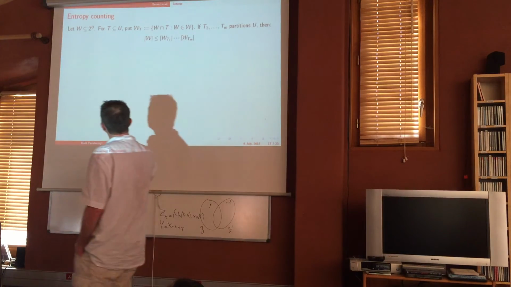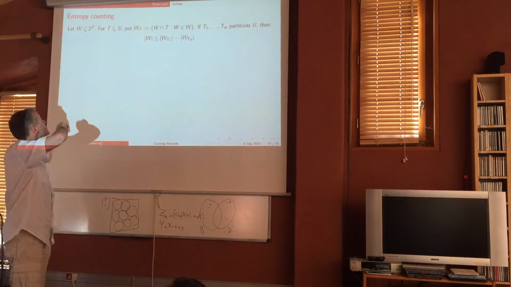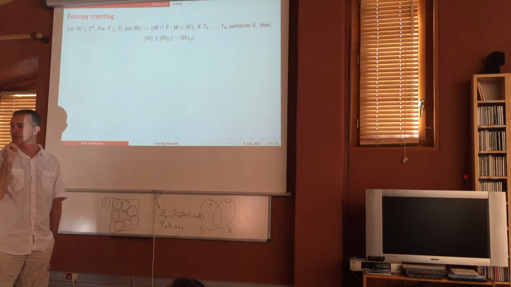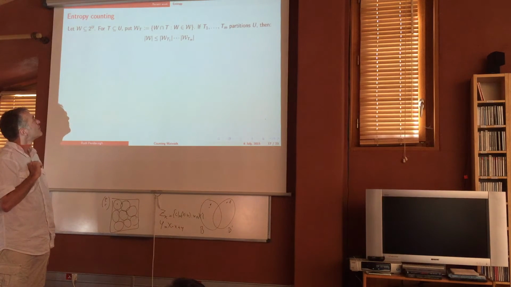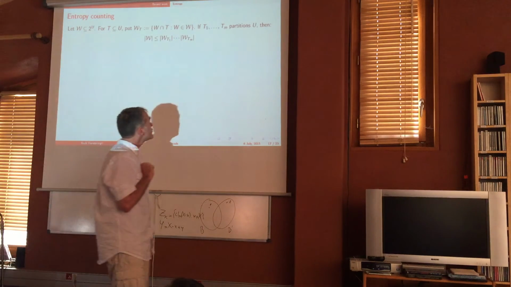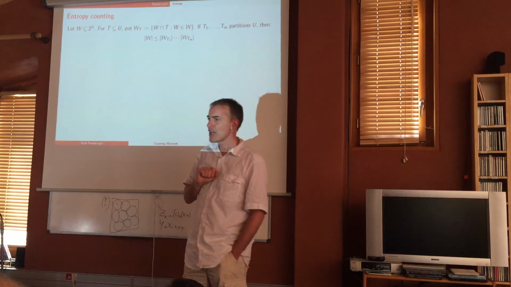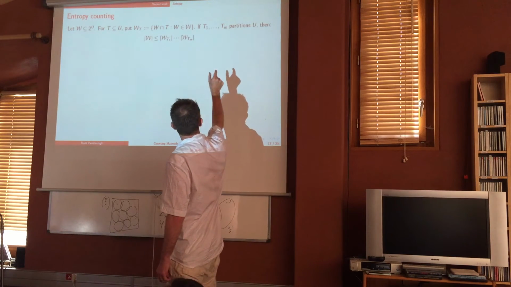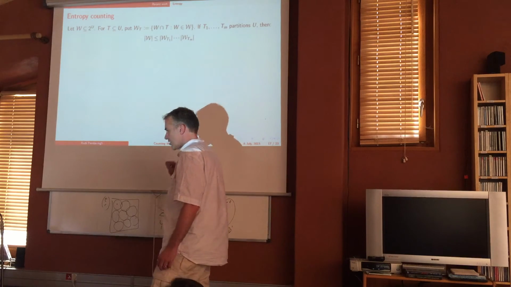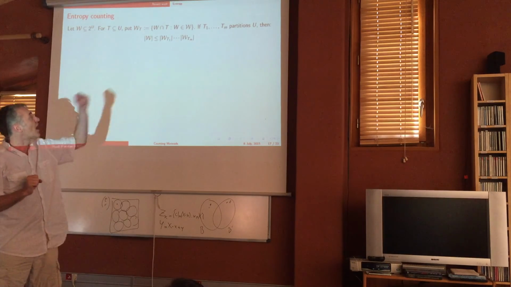Suppose I want to count the number of elements in a certain set W, and this W is taken from the power set of U. So it's just a bunch of subsets of U. Then to make an upper bound, I can consider a partition of U. And to bound the number of elements of W, I can just count for each element of my partition the number of subsets that are induced in these Ti.